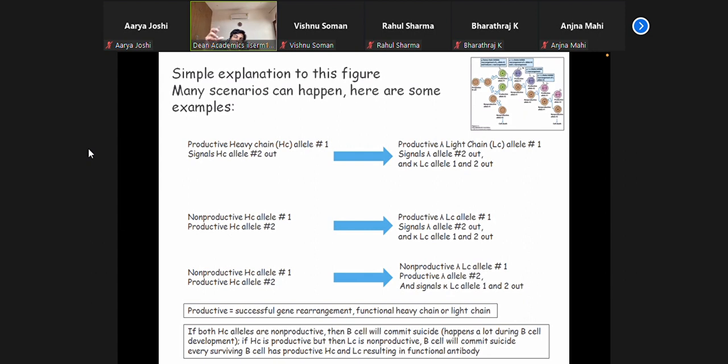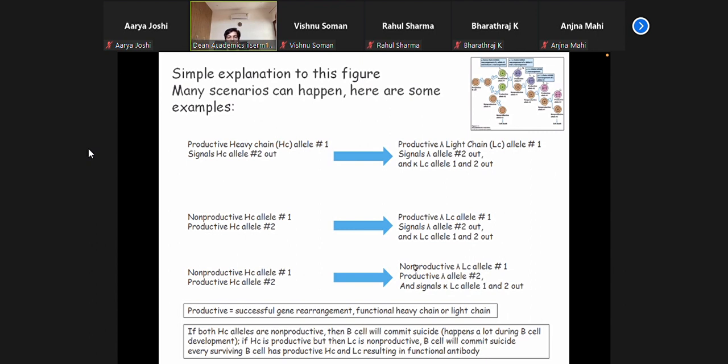Remember, in that video it was said that these loops do not have any further role in the process. Actually, it was later shown that these loops give a signal that you don't have to rearrange on the second allele. The fine details of these processes are not known, but they are somehow involved in giving this stop signal so that rearrangement stops on the second allele.